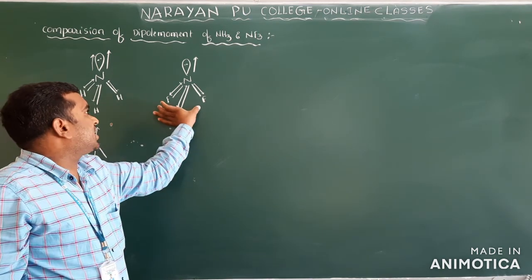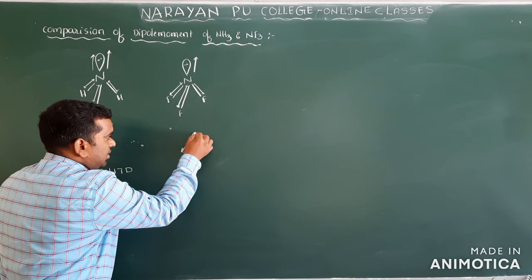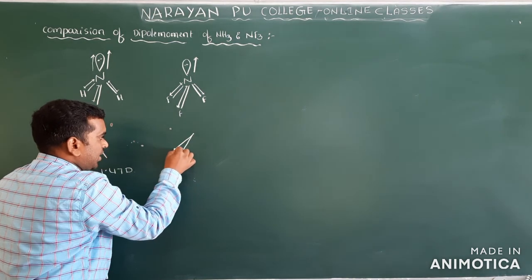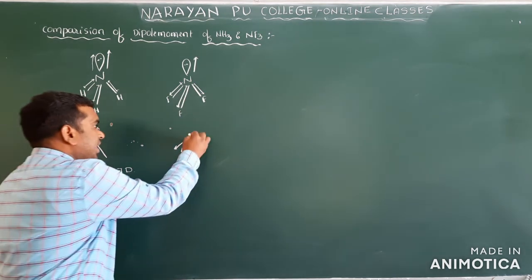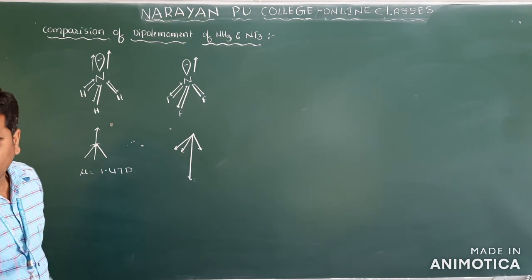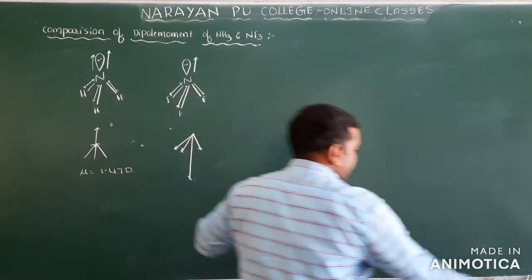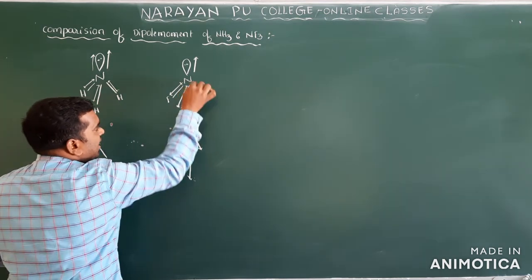Now we have to see the resultant of these dipole moments. One is here and one is here, so the resultant dipole moment is like this. Simply, this is the dipole moment of the first bond, this is the second, and this is the third.